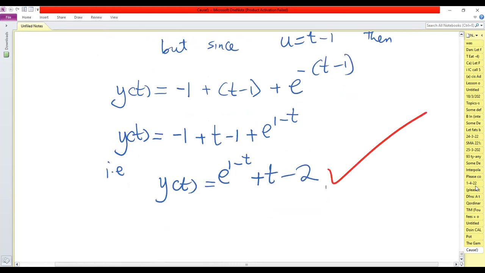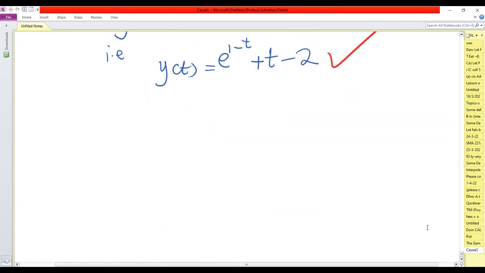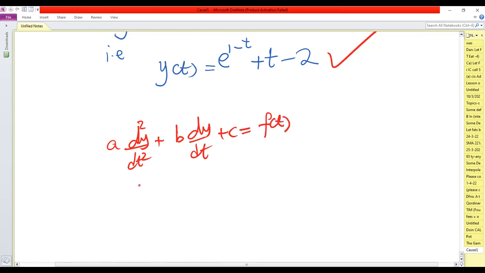Now, note that sometimes you may be given a differential equation, so to say, a d squared y dt squared plus b dy dt plus c equals to, say, a function of t, with the initial conditions y of alpha equals to, say, 0 and y prime at alpha equals to 0.